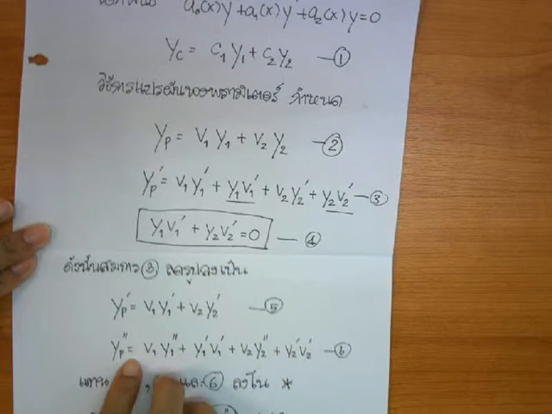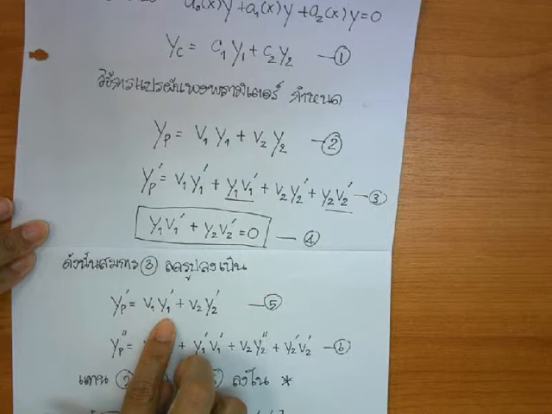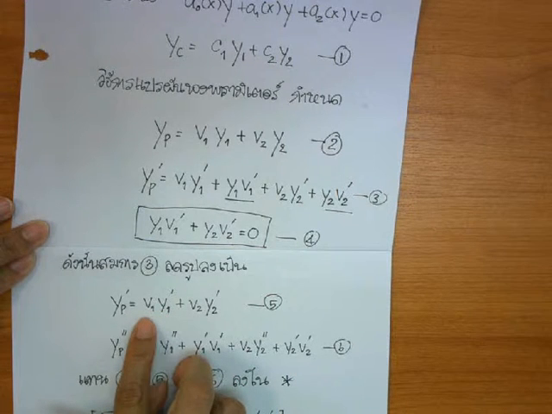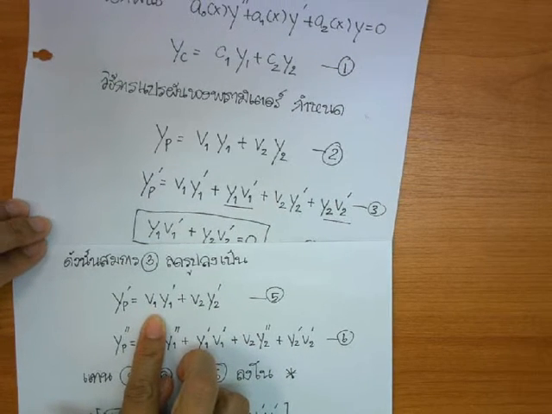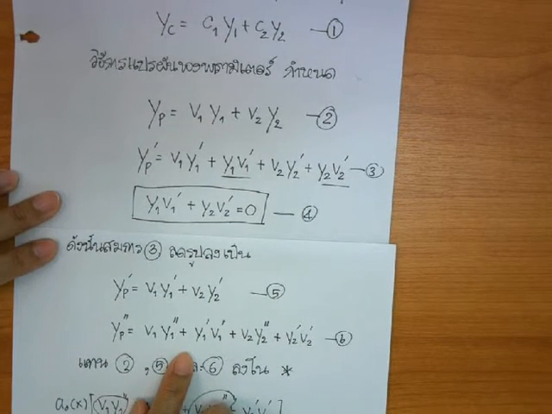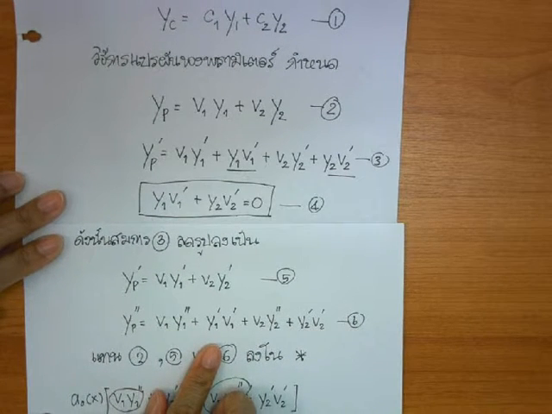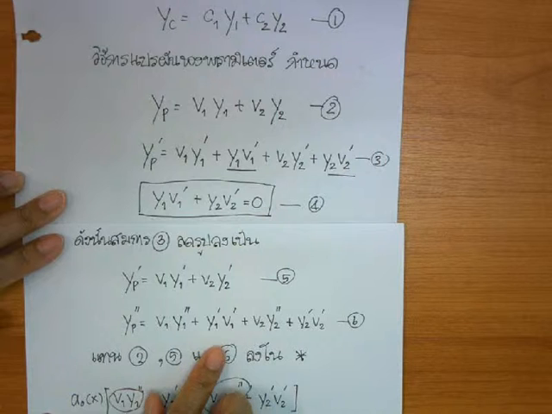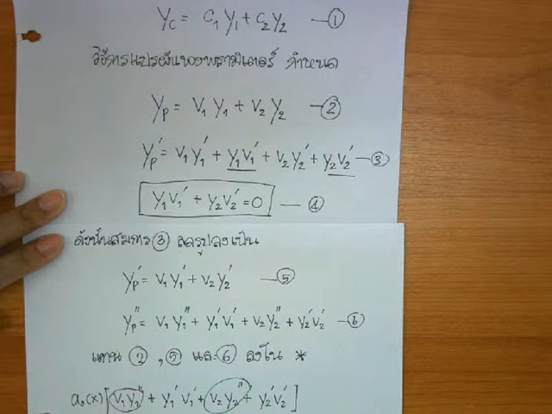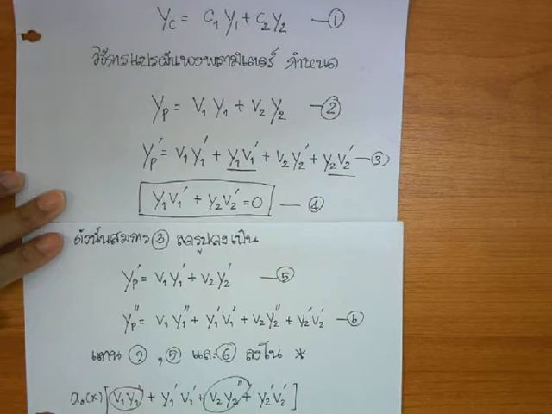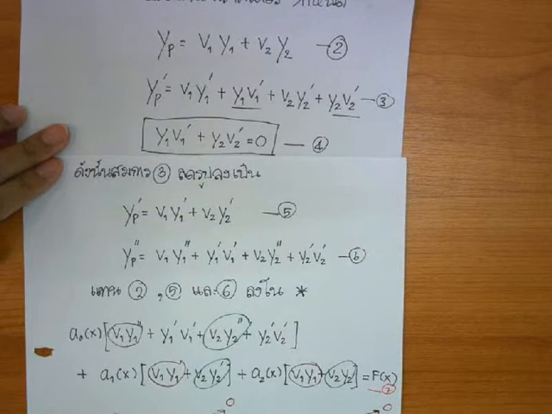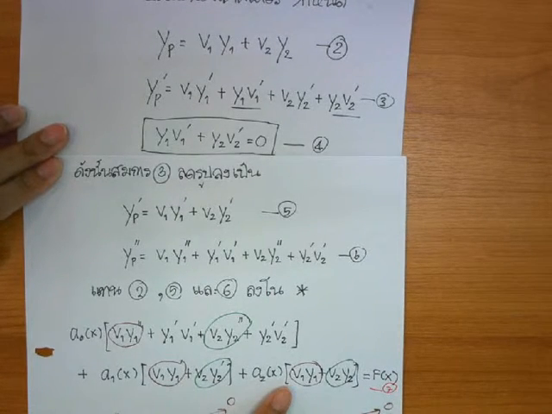Again, both of these are functions of x, so we use the product rule, and we get equation 6. Then we replace equation 2, equation 5, and equation 6 into our differential equation, and we get equation 7.